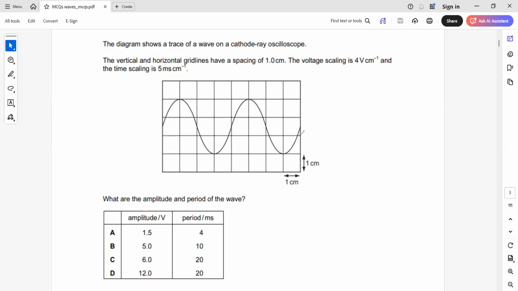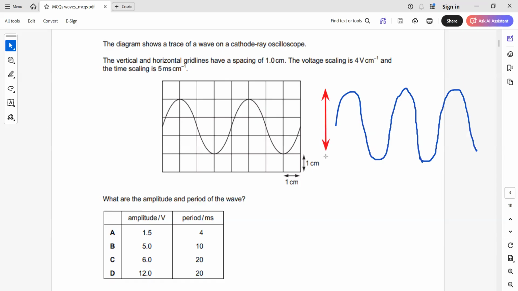The amplitude of the wave refers to half of the distance, or the distance from the mean position to the extreme position. That's called the amplitude. So if I need the amplitude of the wave, I take the vertical distance from one extreme to another and divide that by 2, so I get a half distance.